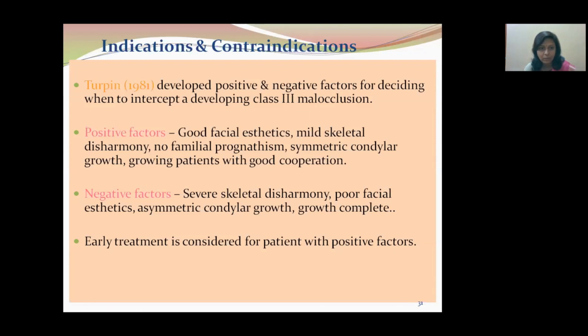In those cases, interception of developing malocclusion should be aimed for. Whereas severe skeletal disharmony, poor facial aesthetics, asymmetric condylar growth, or completion of growth will contraindicate the interception of that class 3 malocclusion. So early treatment is considered for patients with the positive factors only.